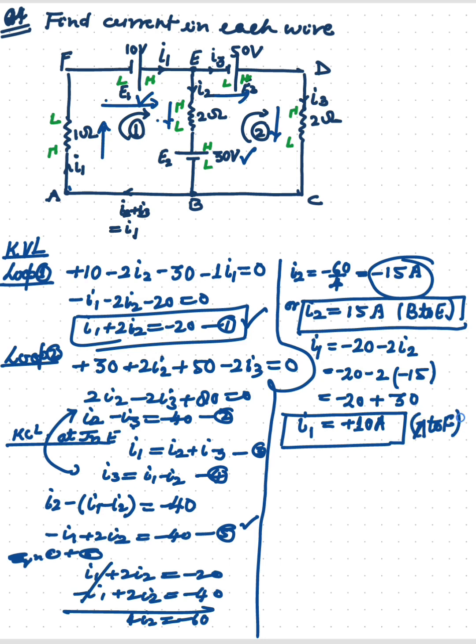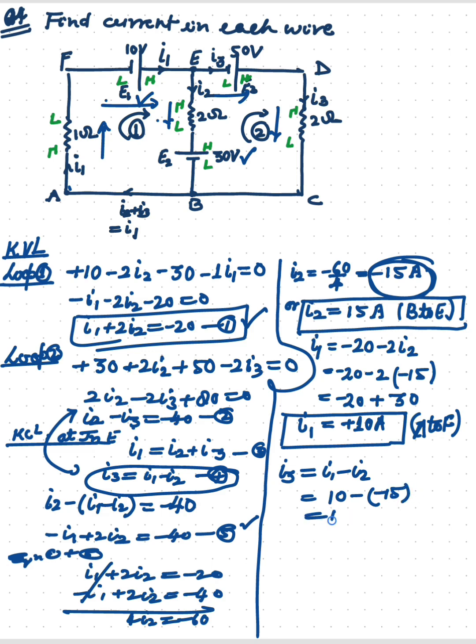Now I3 we have to find, no. So I3 from the equation, equation 4. Okay. So from equation 4, I3 will be what? I1 minus I2. So I1 is 10 minus I2. I2 what are we getting? This is negative, with negative sign. Okay, minus 15.